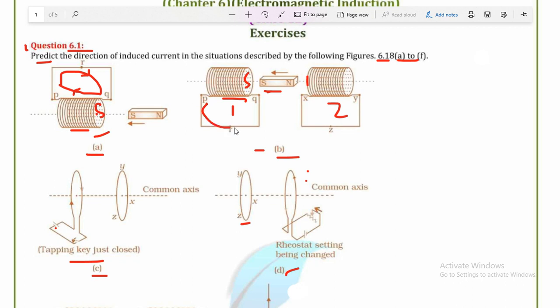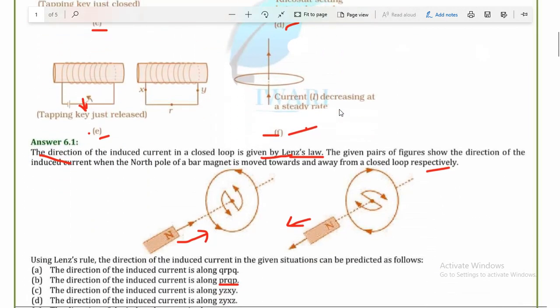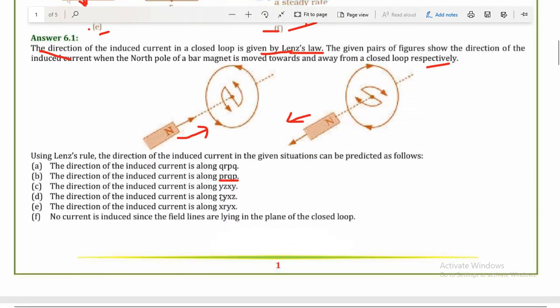P to R, then Q to P. So this is the direction of the induced current. Here this face is like a north pole, so this one is like YZXY, you can see.